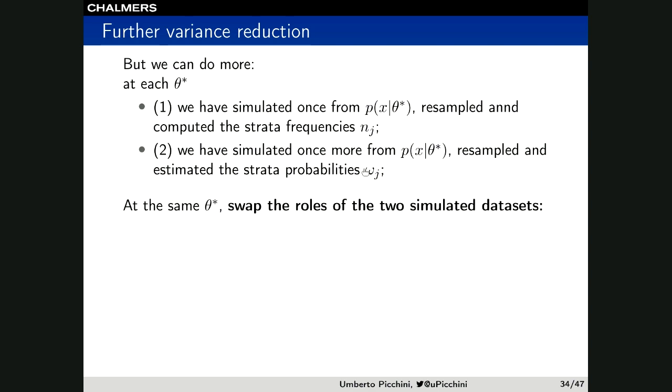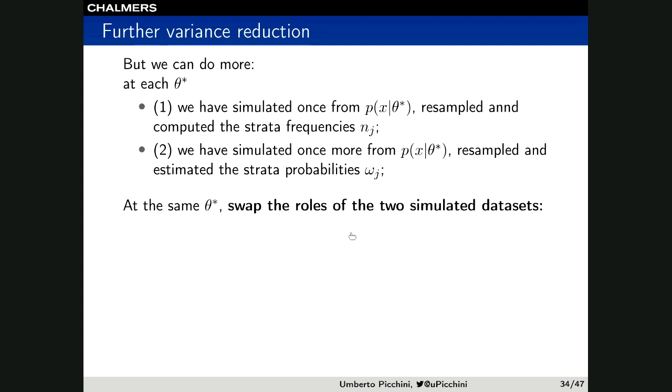But we can obtain at zero cost a second ABC likelihood because we can swap the roles of the simulated data sets that we obtain in these two steps. What if we now reuse the simulated data set that we obtain with resampling here to estimate omega j and use the ones that we simulated here to compute the nj?